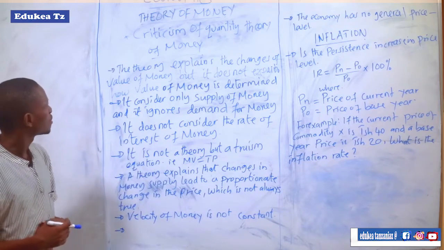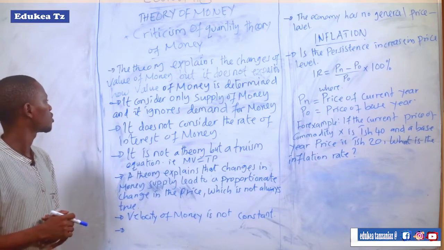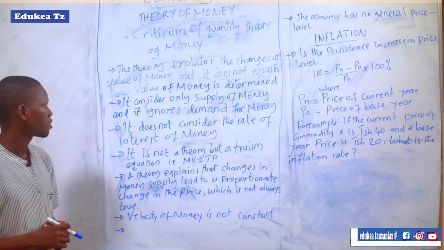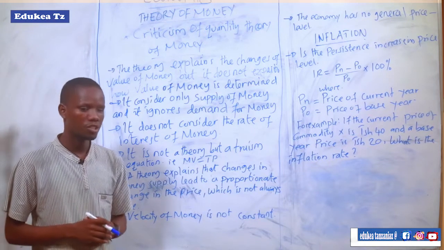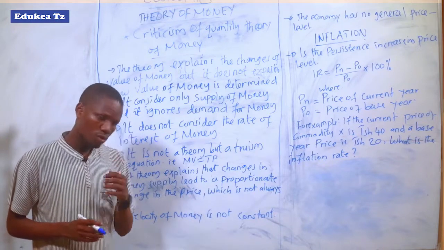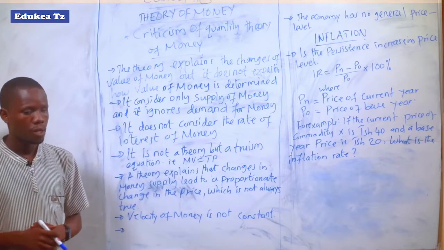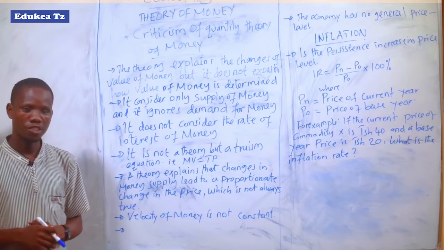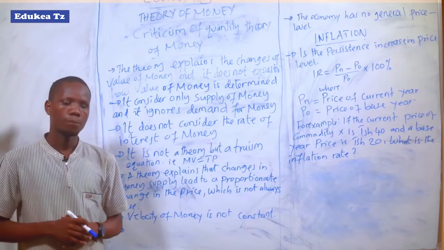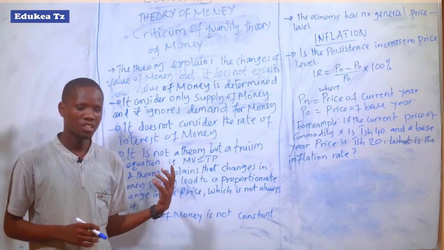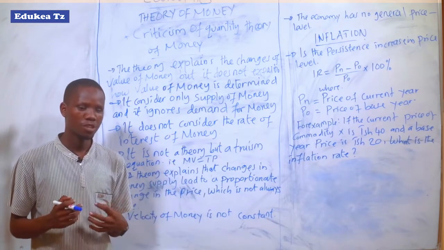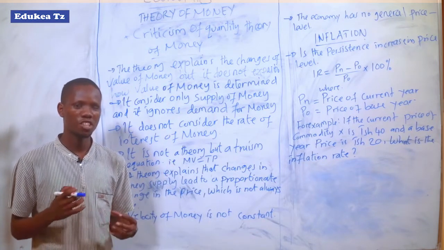First is that the theory explains the changes of value of money, but it does not explain how value of money is determined. As we have seen before, Professor Fisher made an assumption that the value of money depends on the quantity of money in the economy.